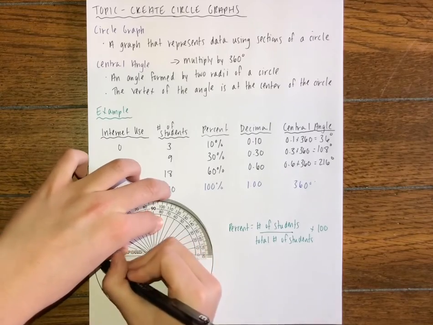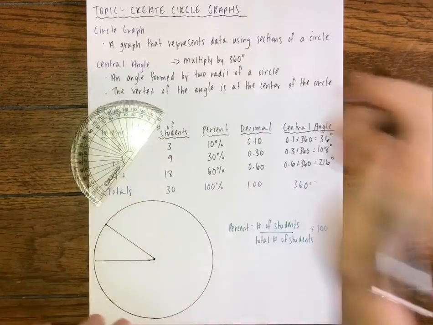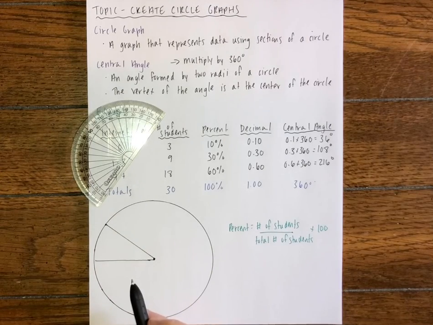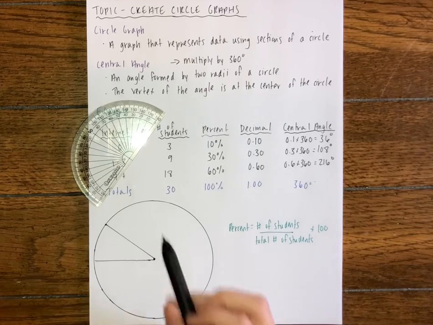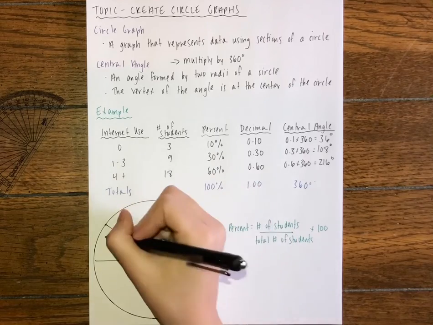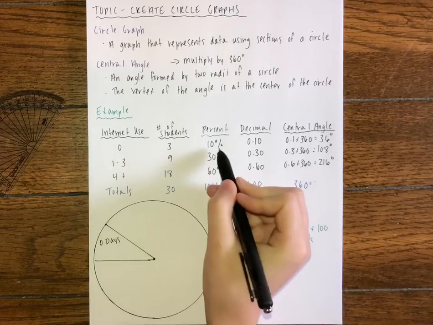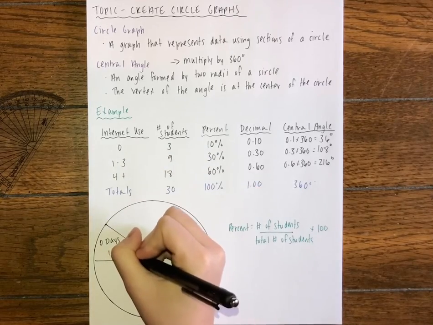Like I said, it's not going to be perfect. So we have, this is the 36 degrees, which is 0 days. Which is only 10%.